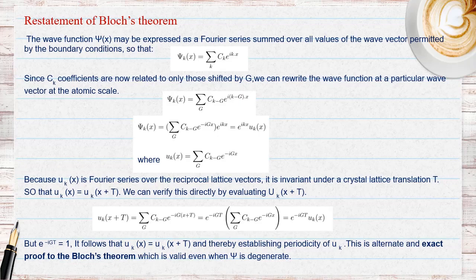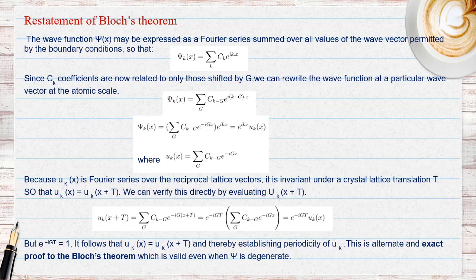That is, psi k of x is equal to the summation over g of ck minus g e raised to i k minus g dot x. We can rewrite this as the summation over g of ck minus g e raised to minus igx times e raised to ikx.